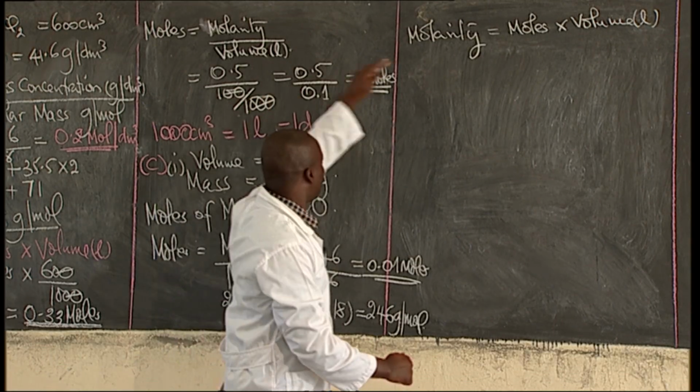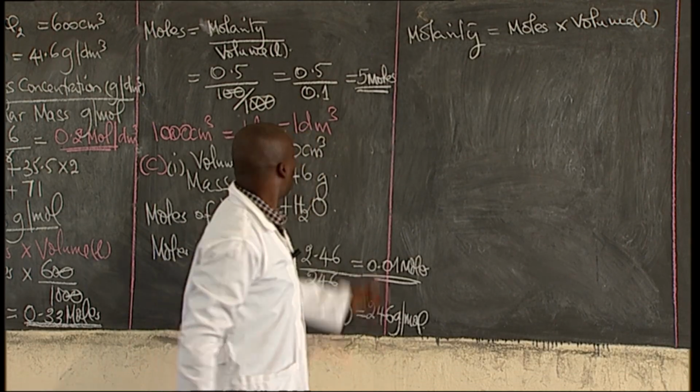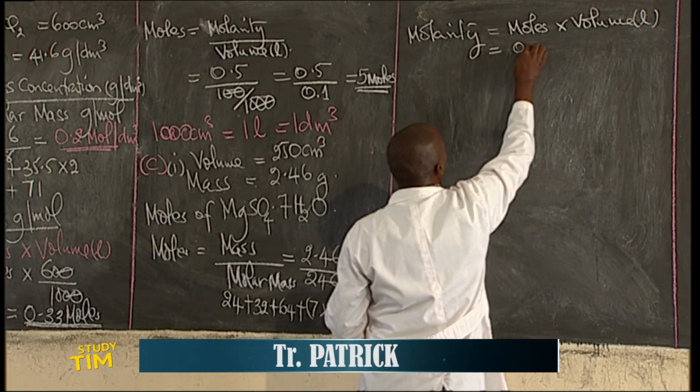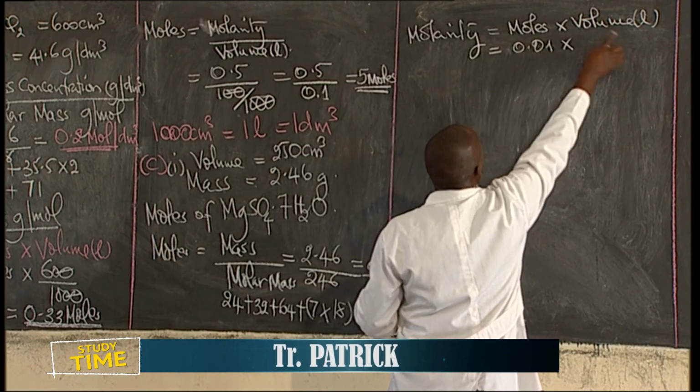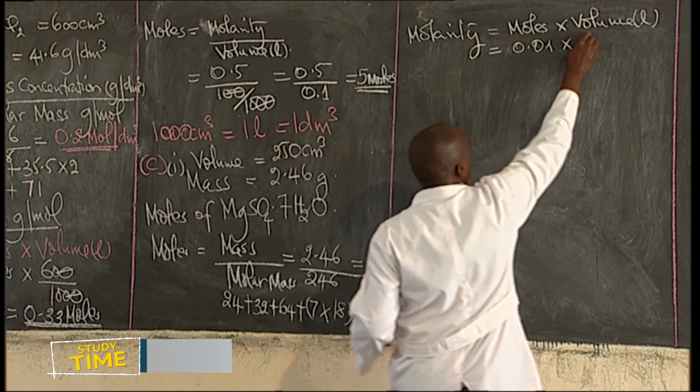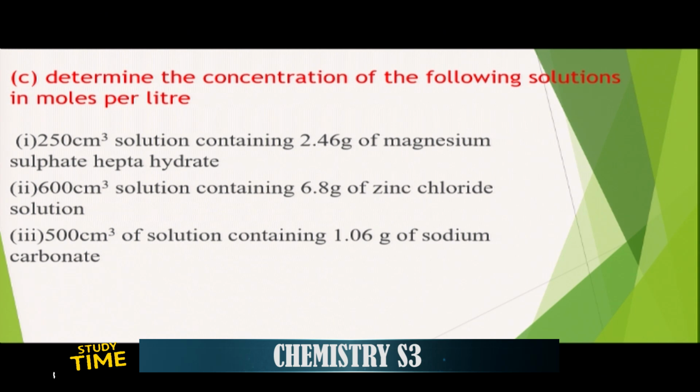So now what we are looking for is this. We have the volume and the number of moles calculated, 0.01. The volume is 250, and the volume has to be divided by 1,000.